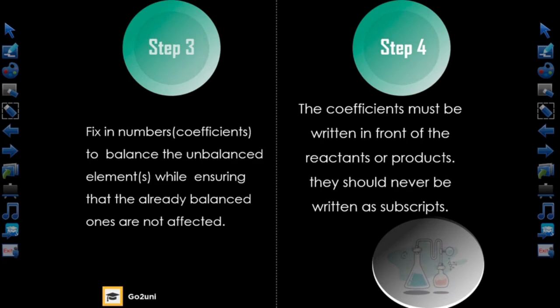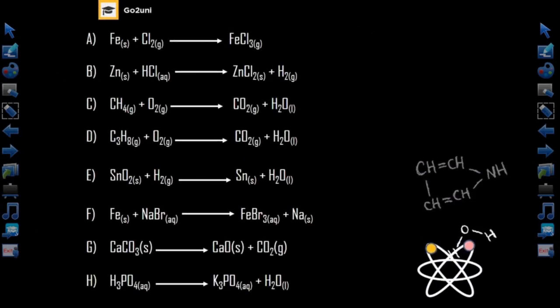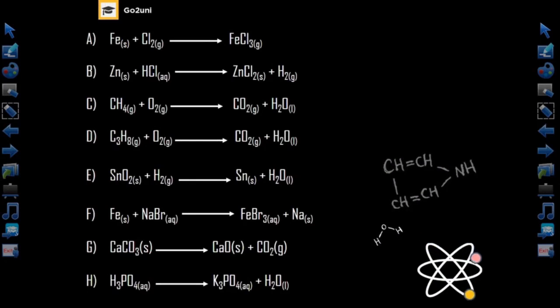We don't write them as subscripts. So, those numbers we use must be written as whole numbers in front of the elements, neither as subscripts nor as superscripts. So let us take a look at examples of how to balance equations.